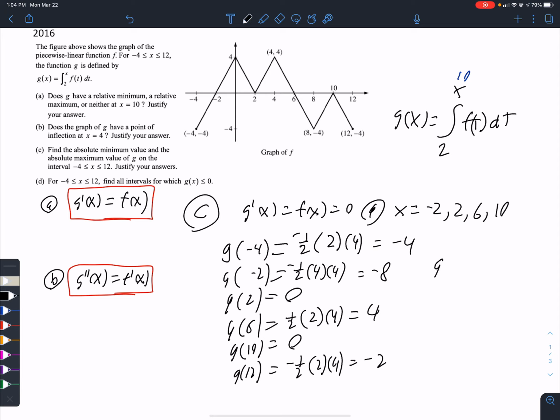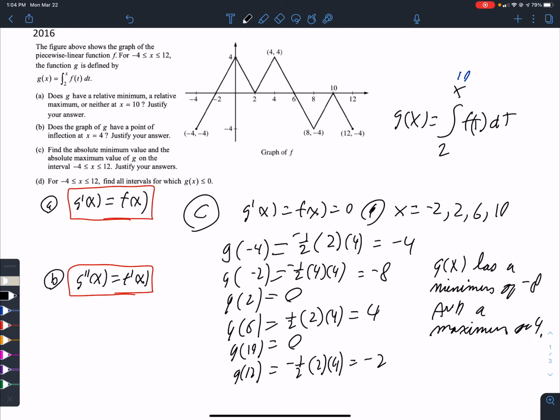So g of x has a minimum of -8 and a maximum, which one's the biggest, of 4. I think I messed up here real quick.